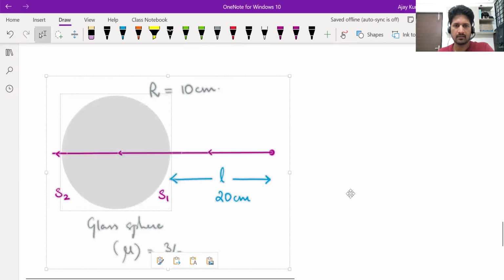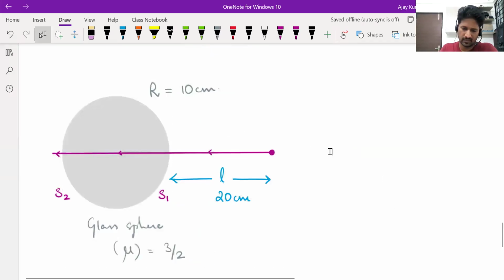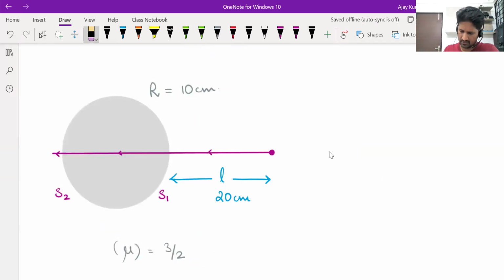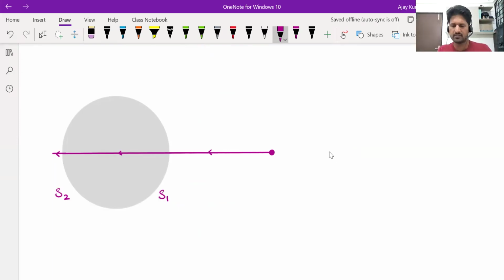We know this is a glass sphere, refractive index is more than air and all. Let's ignore these distances also. Just we need a rough picture of what happens at the first refraction. So let's consider this another ray somewhat like this.